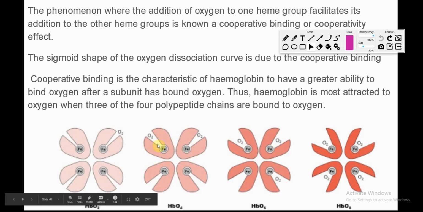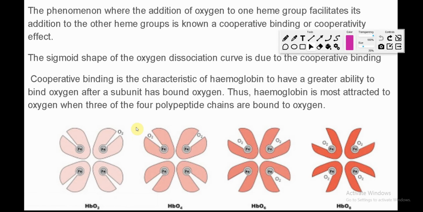When oxygen approaches the second heme group, the binding site will be a little more feasible to take up the oxygen molecule. That means there is an increase in the width of the binding site, so that the oxygen can easily come and attack the central ion.